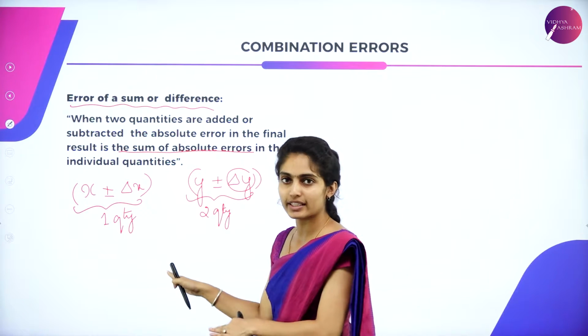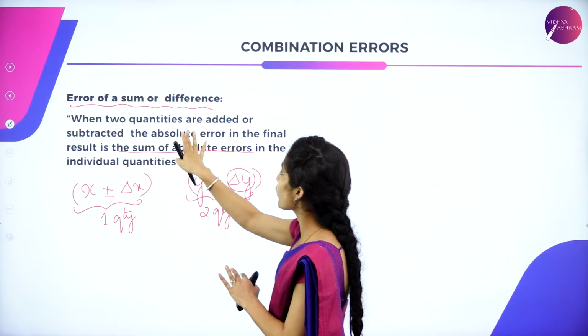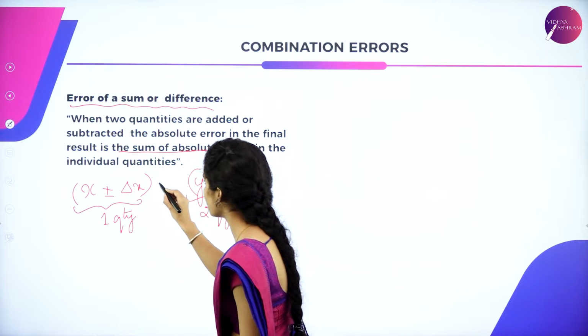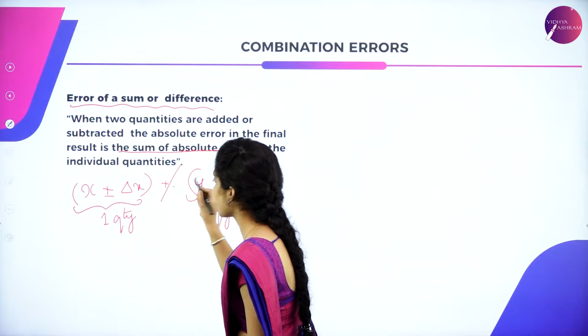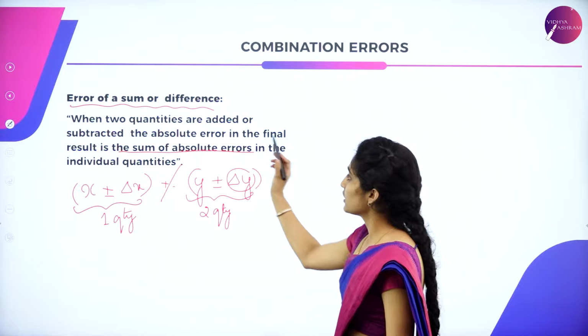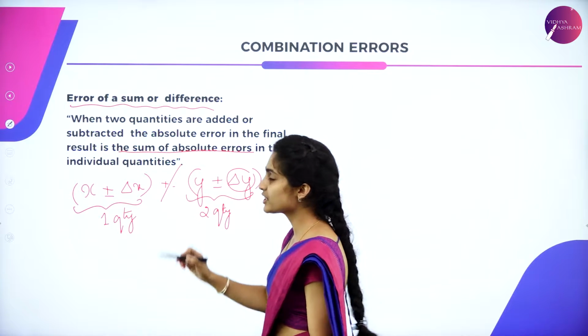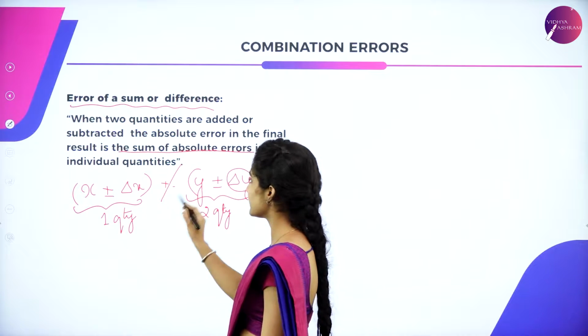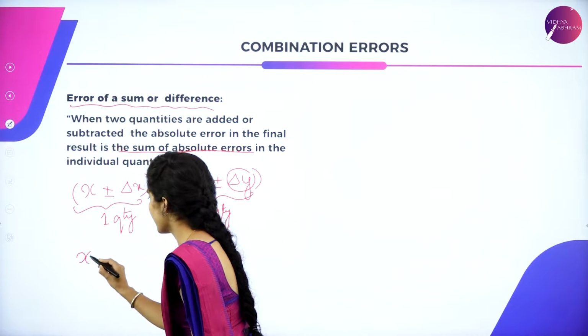So there are two quantities. When two quantities are either added or subtracted, what is the absolute error in the final result? You just add these two quantities, that is x plus y.